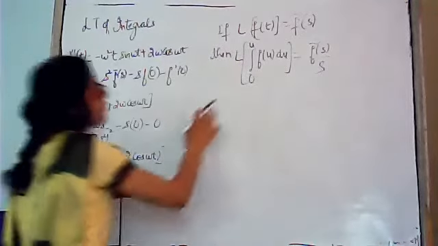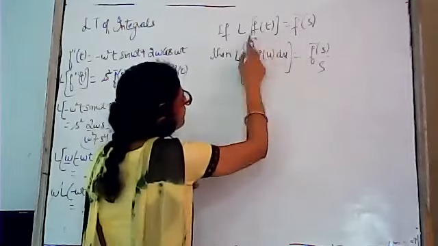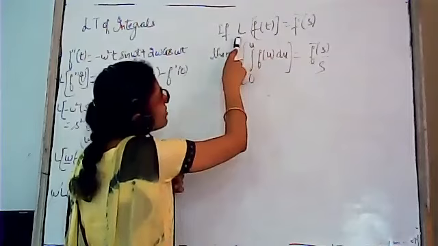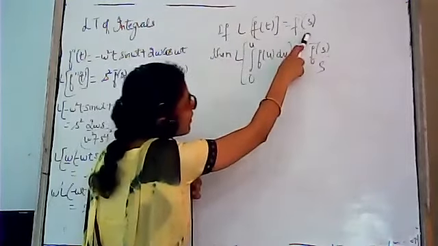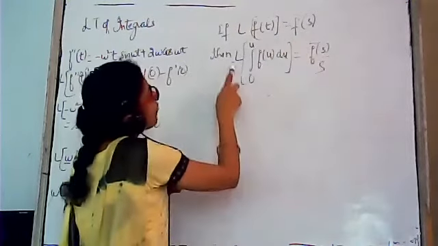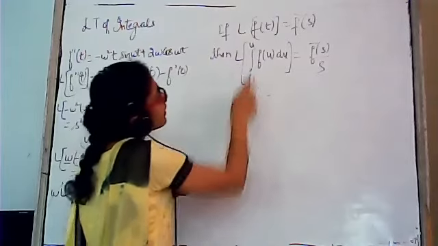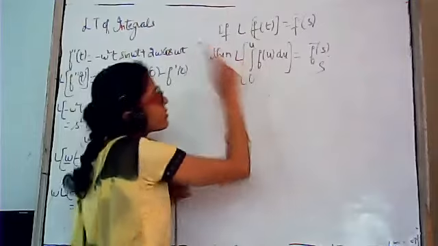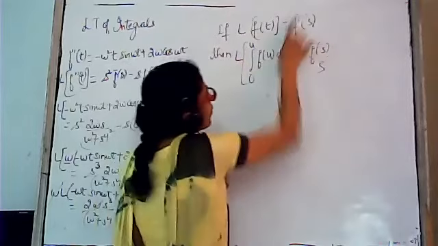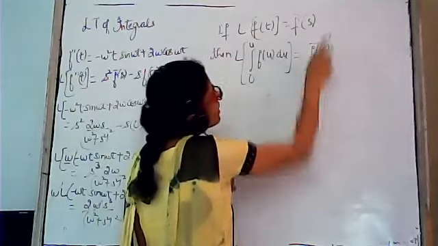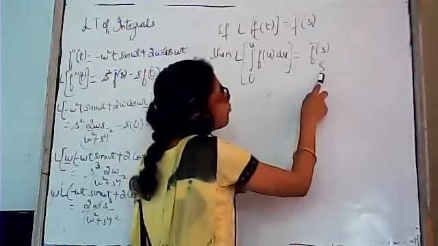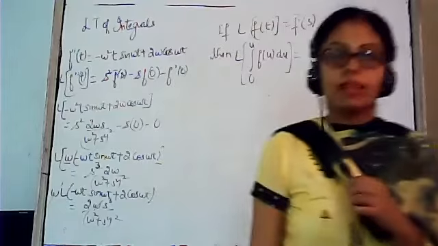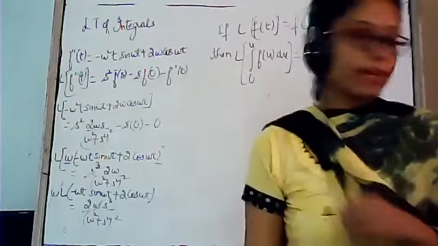What we have done, beta, we are given this term. We have found the Laplace transformation, and its result is f bar s. But if we want to find the Laplace transformation under the integral, the integration of the function within the limits, then what to do? This f bar s will remain as it is. We divide it by s. Divide the result with s. You will get the required result.